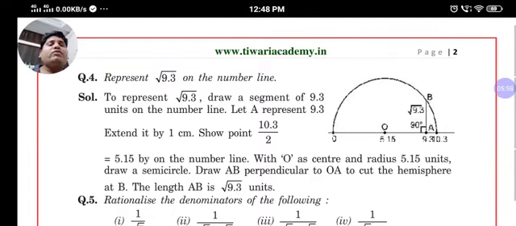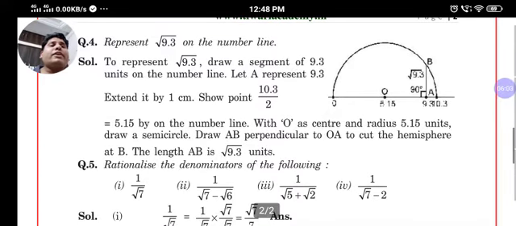Now, with 5.15 on the number line, with O as the center and radius 5.15 units, draw a semicircle using this radius, and draw AB perpendicular to OA to cut the semicircle at B. The length AB is root 9.3 units.